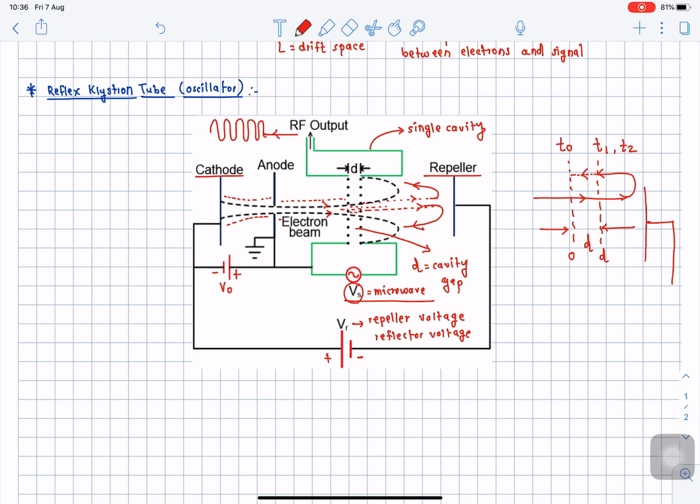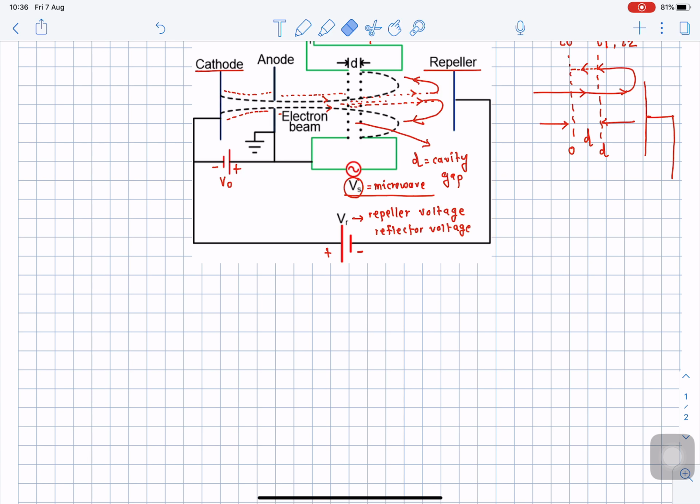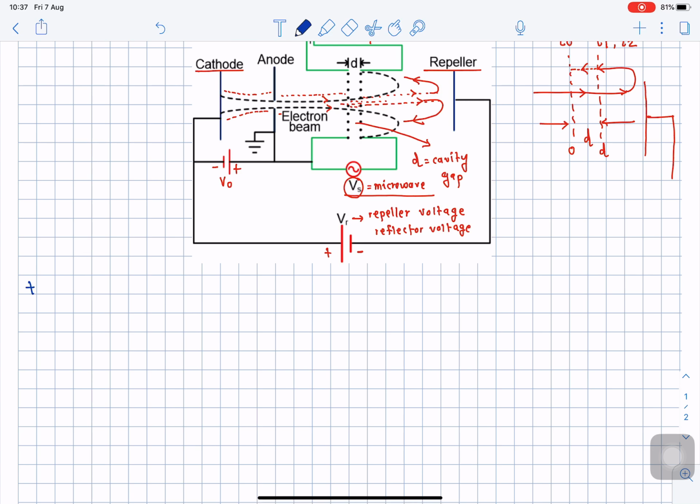So here I will give the title as derivation of bunching factor and transit angle for reflex klystron.